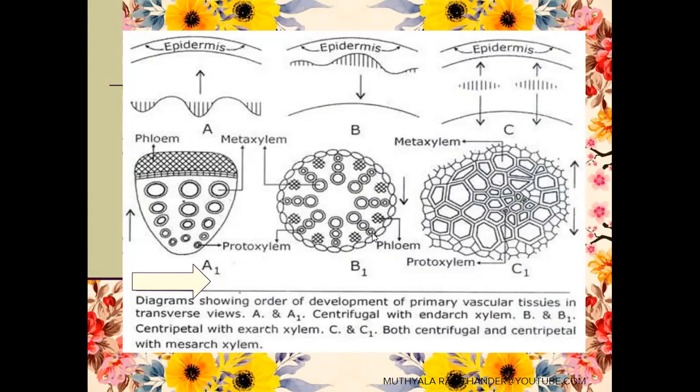It is also called centripetal exarch protoxylem. This type of protoxylem is present in all types of roots of Tracheophyta.